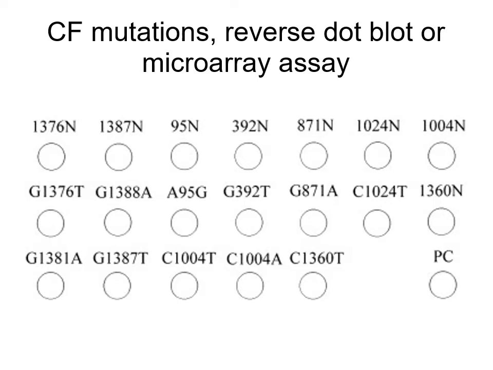What gets a little more difficult to see is when you have what's called a compound heterozygote, where the person has two different mutations, but they're both in the same CF gene, so they will have the disease in fact. So when that happens, they will hybridize to two of the mutant spots, one for each of their mutations, but they will also hybridize to the wild-type spots at those same locations. Now that's a little hard to get your mind around, but think about the DNA sequence, for example, the A95G.